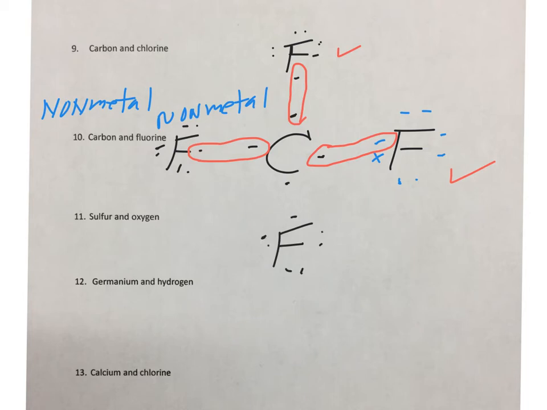So we're going to put another fluorine over here. And now we have this bond here. So it took four fluorines to bond with one carbon. This is a covalent bond. Okay. What about when you have something that has the same?